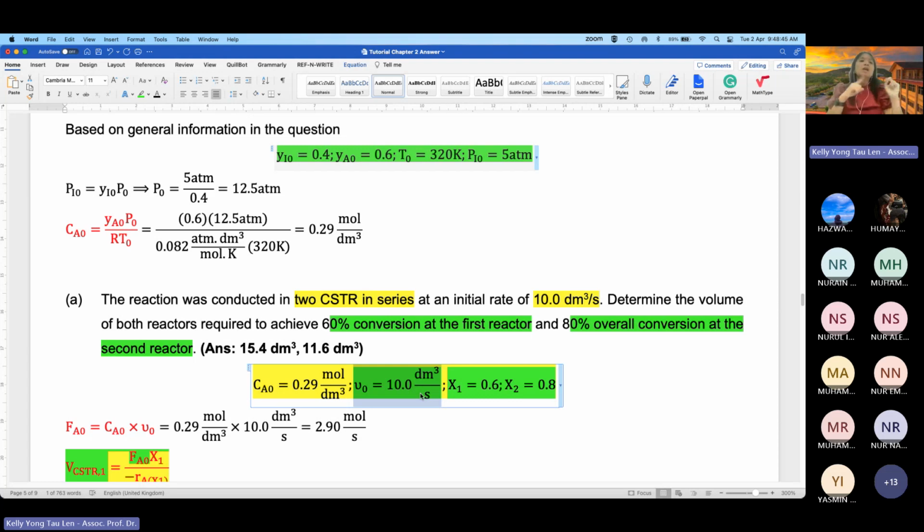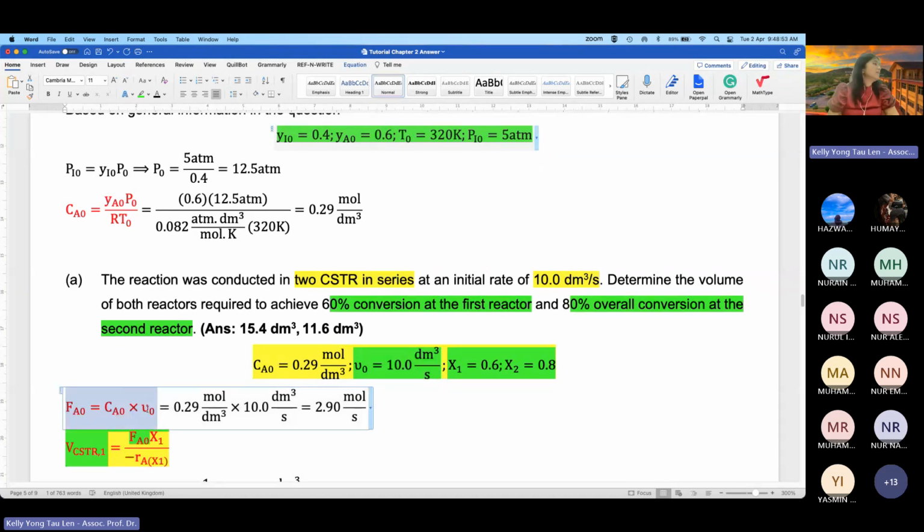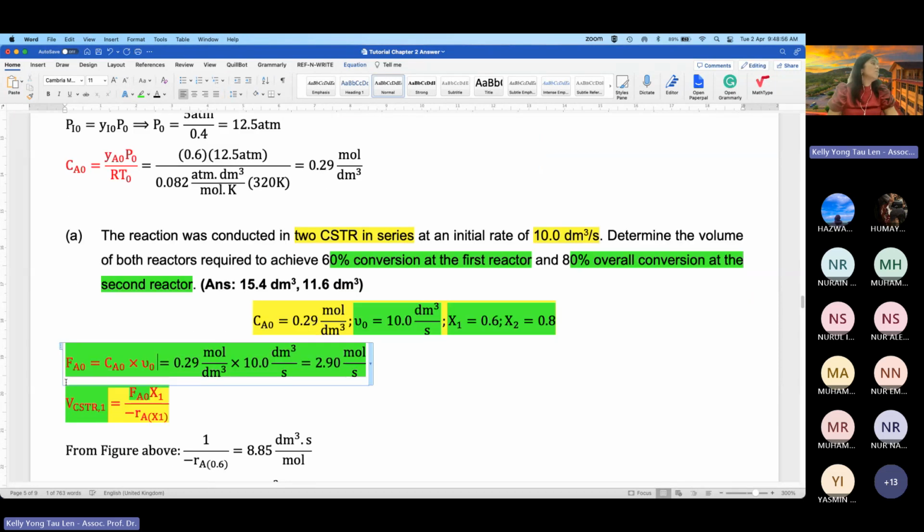The correlation was CA0 equals FA0 per epsilon naught, or I can also write it as FA0 equals CA0 multiplied with epsilon naught. Because CA0 is FA0 per epsilon naught, therefore FA0 equals CA0 multiplied with epsilon naught.